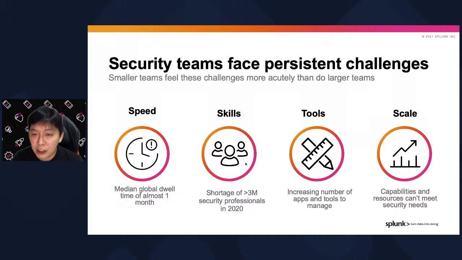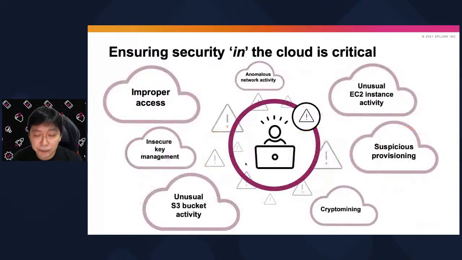Globally, on average, an organization has to manage about 50 different security tools. So think about the skilled personnel they need, the number of tools they need to be familiar with, and we have not even talked about them moving from on-premise to cloud to a hybrid cloud environment. Those are the key challenges that security teams are facing today.